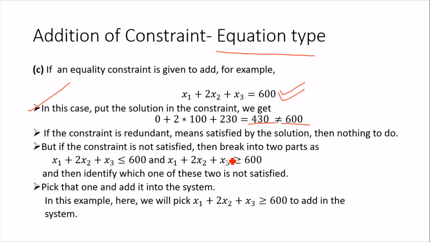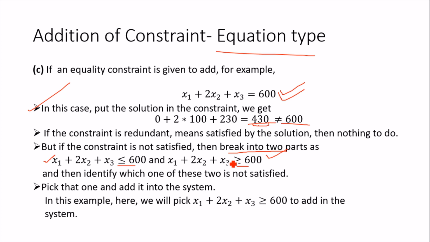In that case, you break it into two parts, less than or equal to and greater than or equal to. Then you treat this as two constraints. One constraint has been equivalently written as two constraints. So one of them will be satisfied and one of them will not be satisfied because the number 430 which you are getting is definitely going to be either less than 600 or greater than.